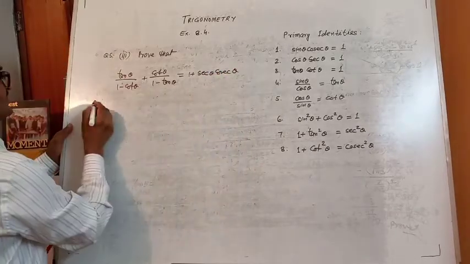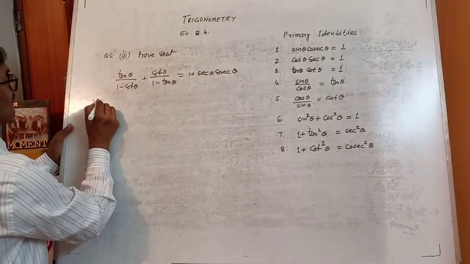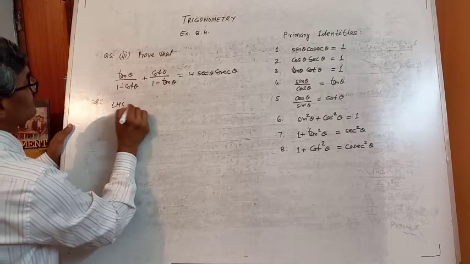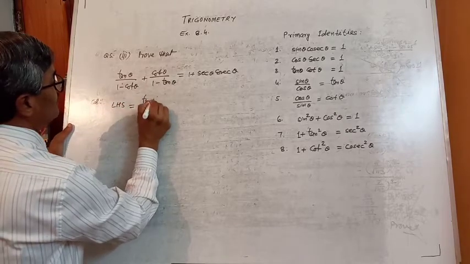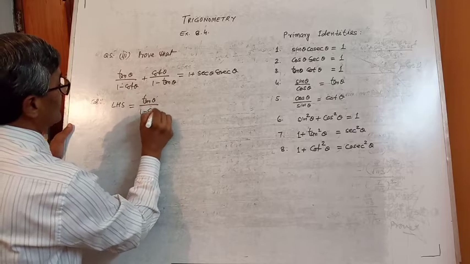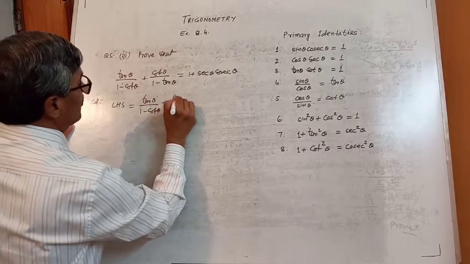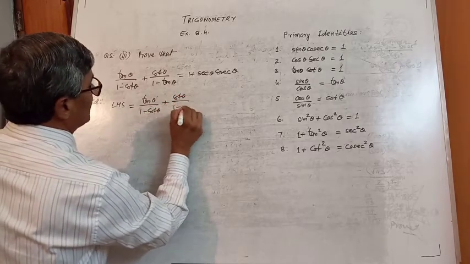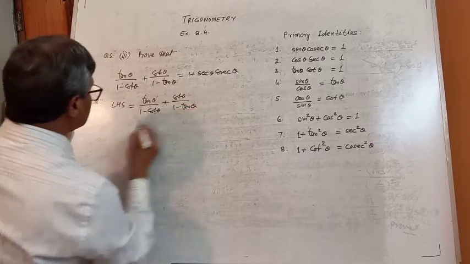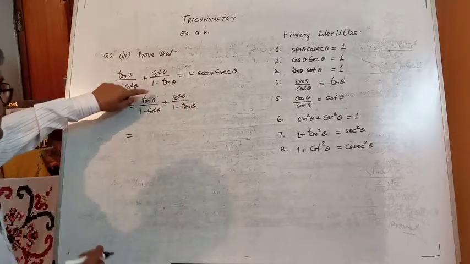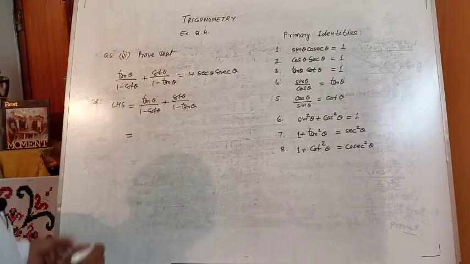Here also we will take this LHS. LHS is tan theta upon 1 minus cot theta plus cot theta upon 1 minus tan theta. Now change this tan and cot in the form of sine.